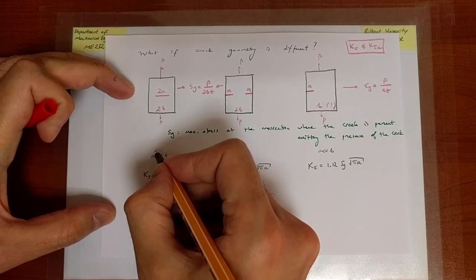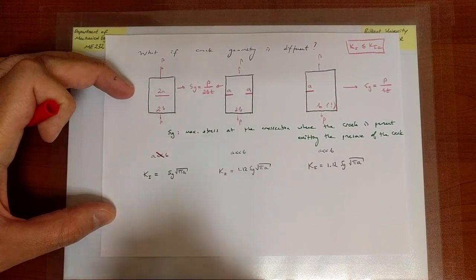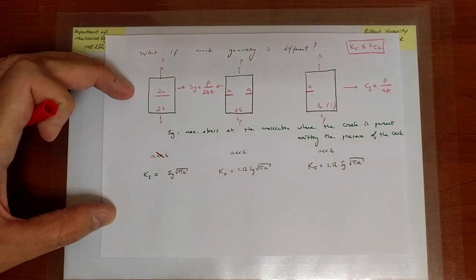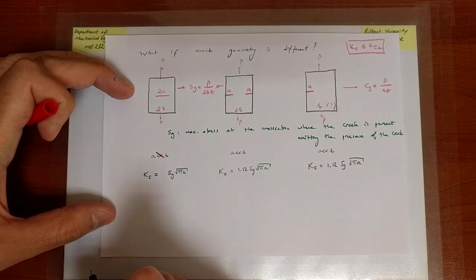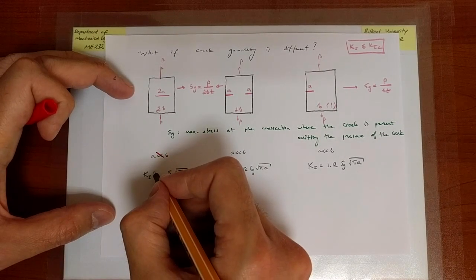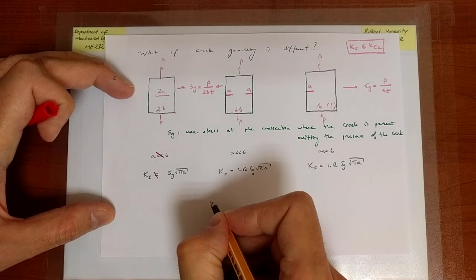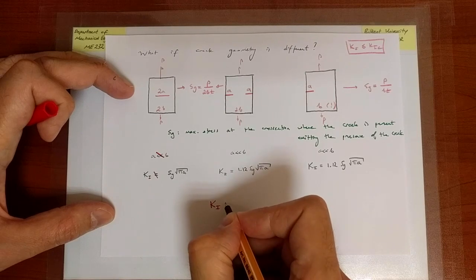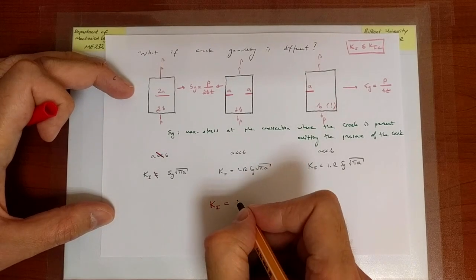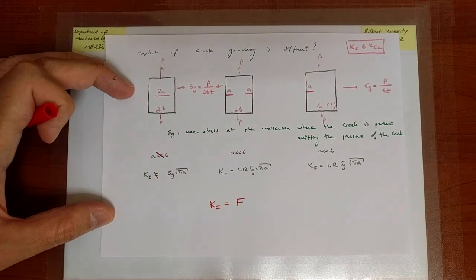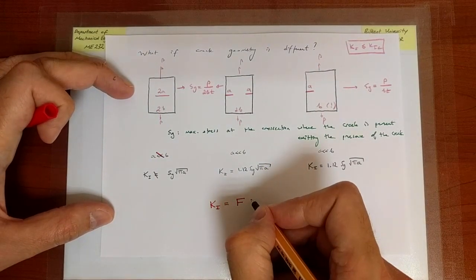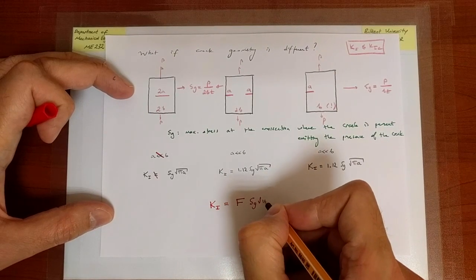If A is not much less than B, and now I'm going to keep writing on the same slide, then it turns out that K1 is not given through that expression. Instead, K1 is equal to some factor, a function, it turns out f, which I'm going to define in just a second, multiplying SG root pi A.